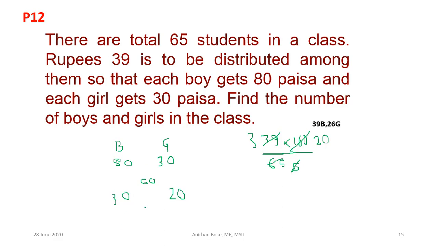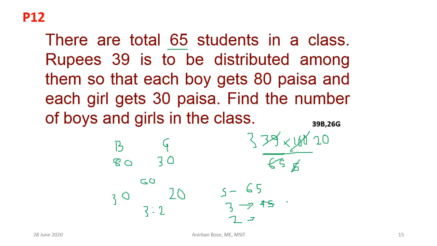So find the number of boys and girls. What is known? The known thing is that the total number of students is 65. So 3 plus 2, what? 5. So 5 corresponds to 65. If 5 corresponds to 65, what does 3 correspond to? Sorry, 65 by 5 is 13.